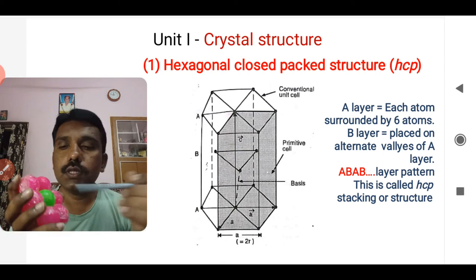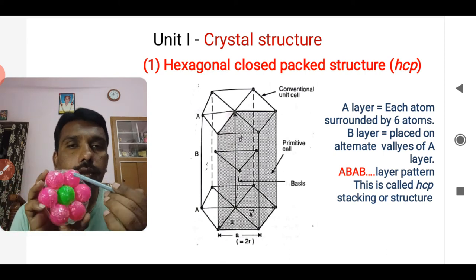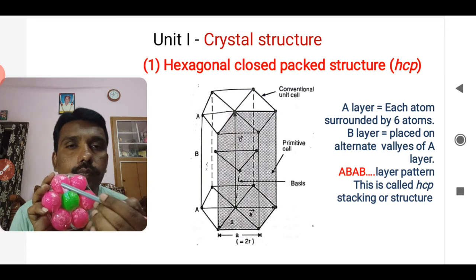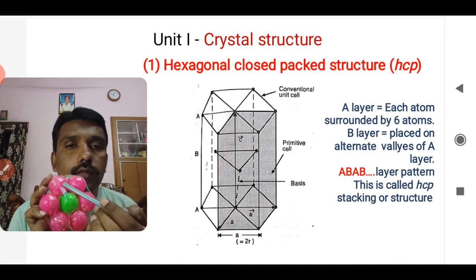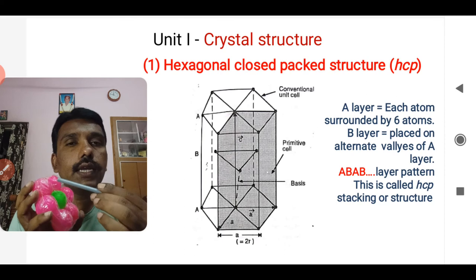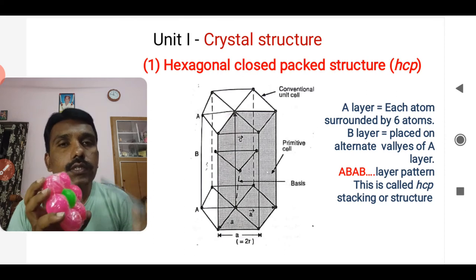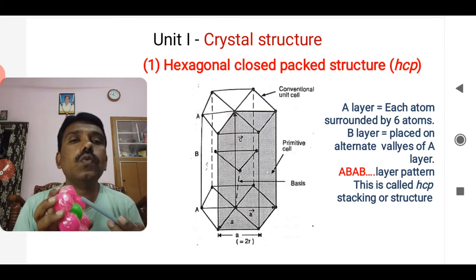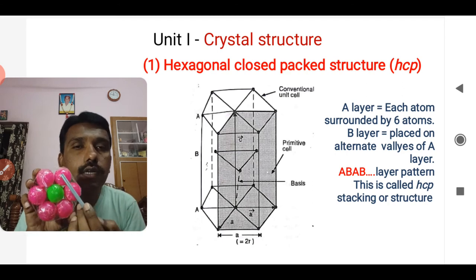One atom and another atom both have a radius, this is 1r and this is another 1r. This r and this r give you 2r, and that's why the atomic distance between them is 2r. That means they are already connected to each other, but the distance is 2r from the center point, the center of the atom.